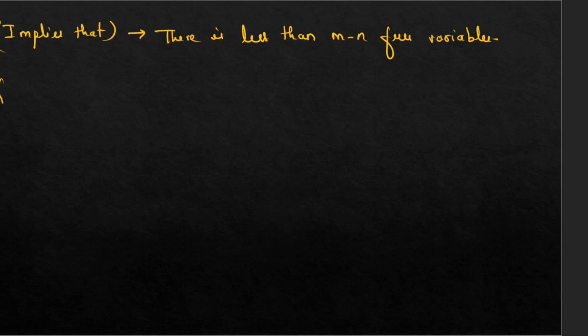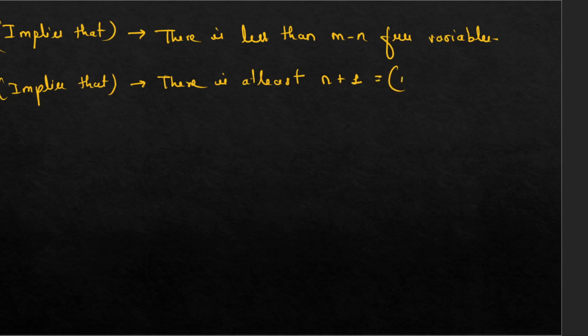okay, which implies that there is at least n plus 1, which we can say as m minus n minus 1, pivot variables. Pivot variables.